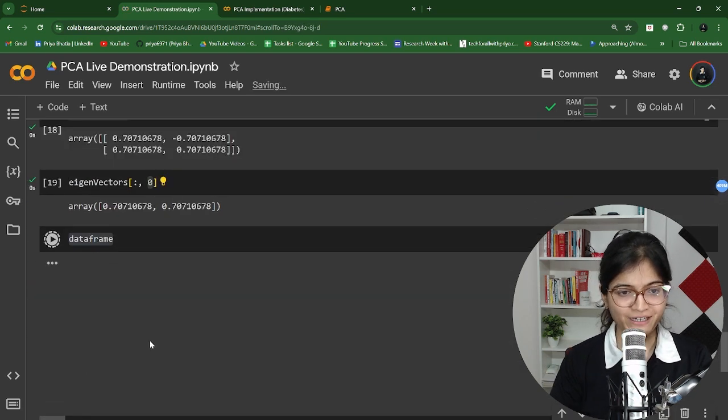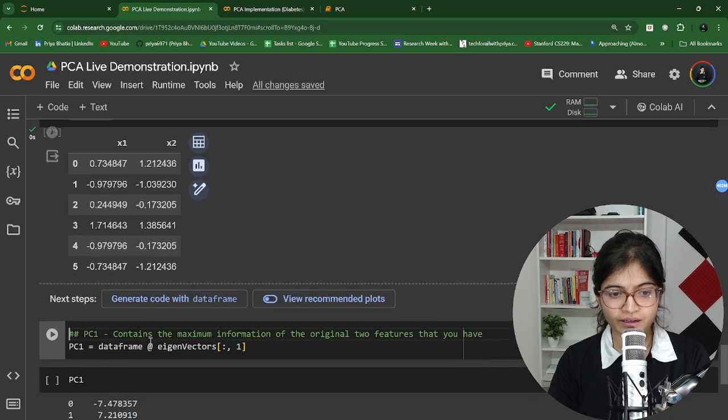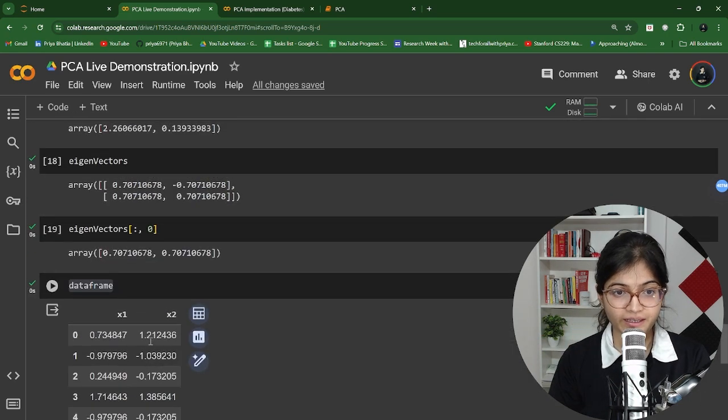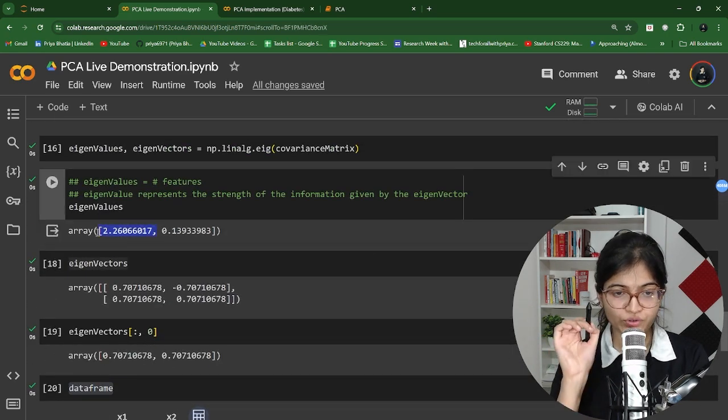Now, this is the data frame that we have finally, right? The question is, how will we get the very first principal component? See, the 0th value indicates the highest eigenvalue.